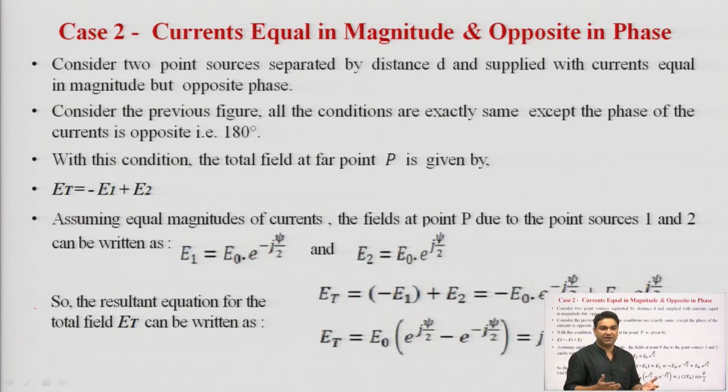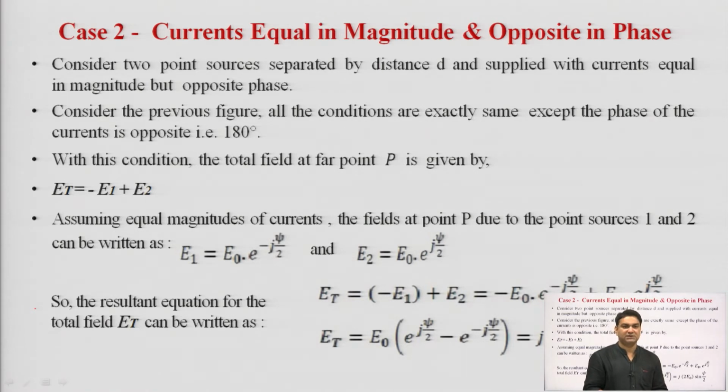So, the resultant field strength is E t, the field strength originating from point source number 1 is E1, and the field strength at the distant point P originating from point source number 2 is E2. So, the total field strength E t is equal to E1 plus E2.